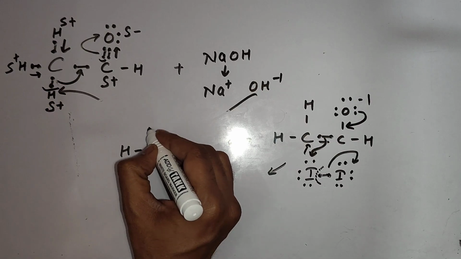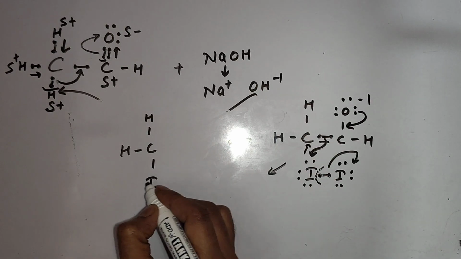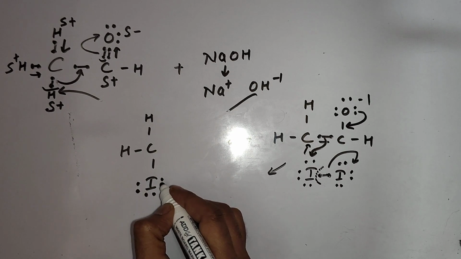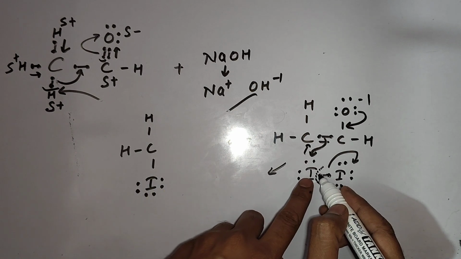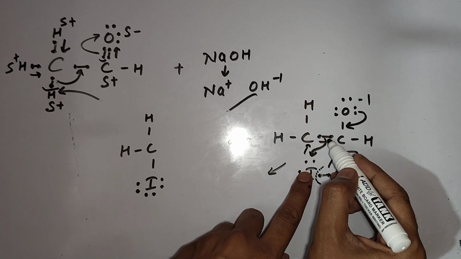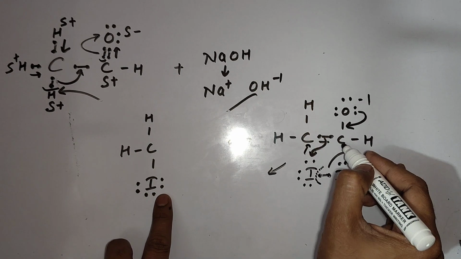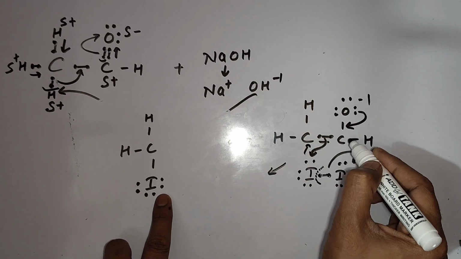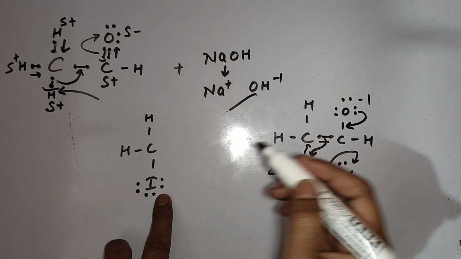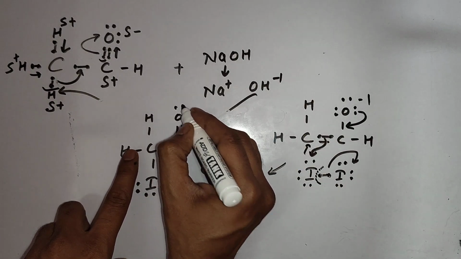H, C, H. A bond between carbon and iodine will generate. Because this iodine has lost one electron, there should be a positive charge on it. But wait, one electron is coming at the same time, so it will be neutral. This carbon gets a vacant orbital, positive charge, which will be filled by oxygen, so it will also become neutral. Everything is neutral here.